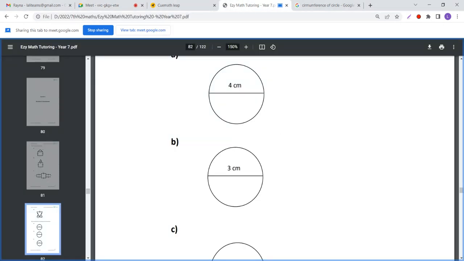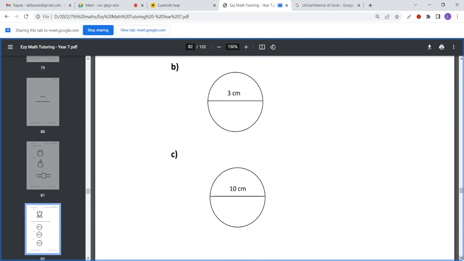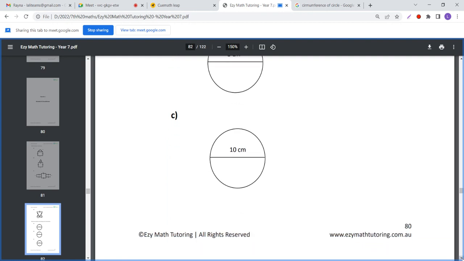Next, this. So it will be 3.14 times 2 times 1.4. 3.14 times 2 times 5.